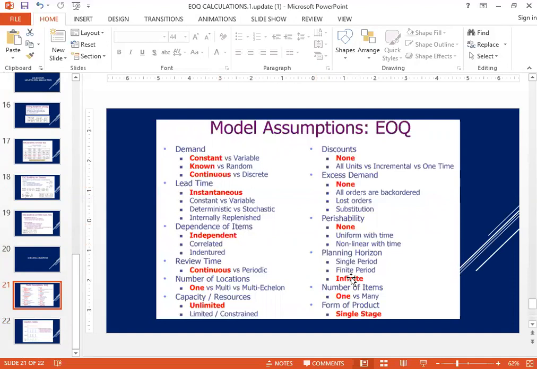So if and when a company is thinking about using EOQ, it won't work in all situations. This model, just as it is, takes a lot of things for granted, such as demand being constant. Usually demand is not constant for companies, and it is not always known or continuous.